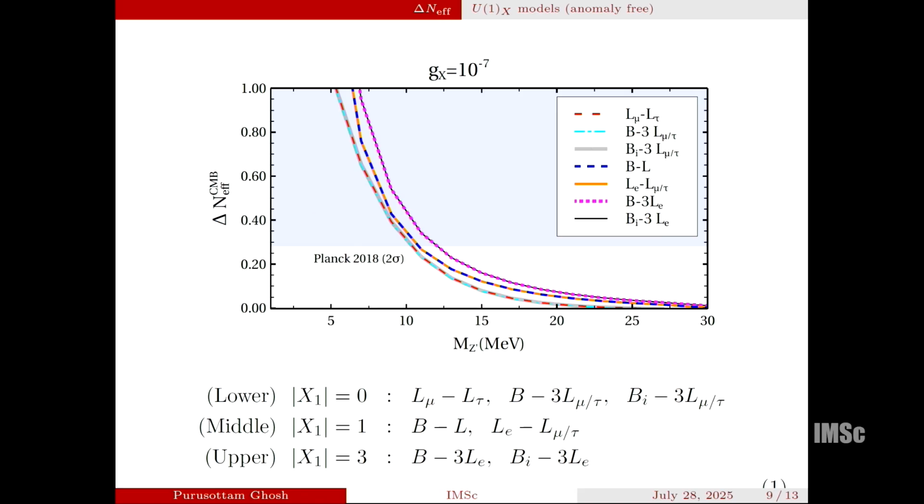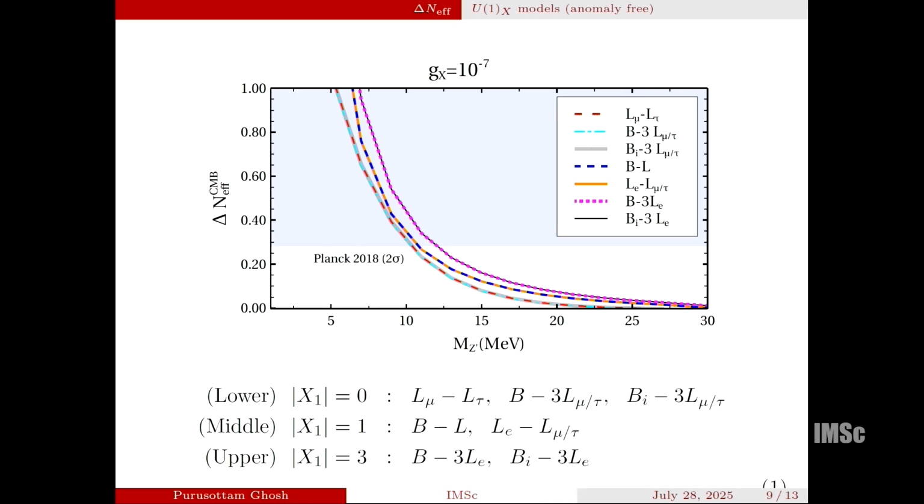Again, this shaded region is disfavored from the Planck data, and it shows that lower Z prime masses are disfavored from the Planck observation. Here you can see three distinct lines, and with these three distinct lines you can generalize all U1x models, basically considering the particle features.